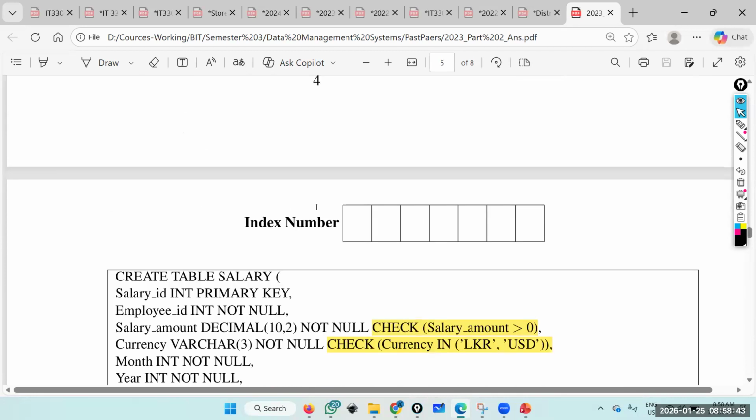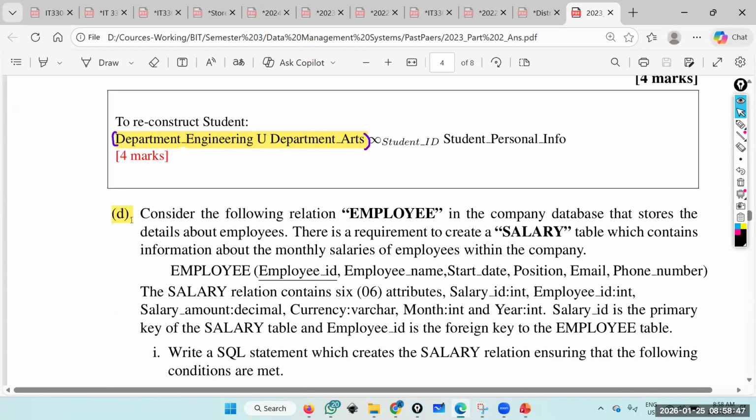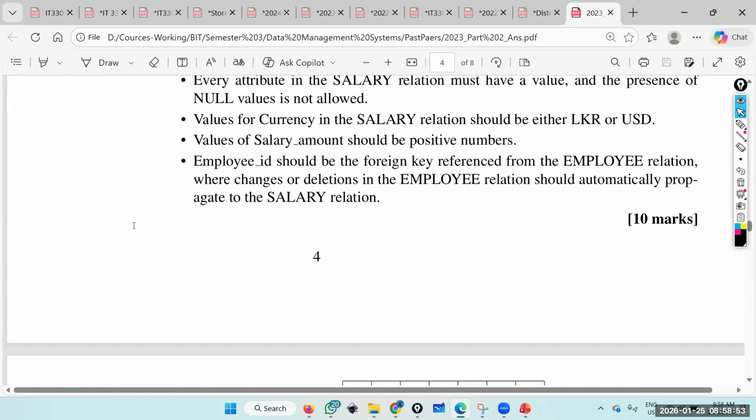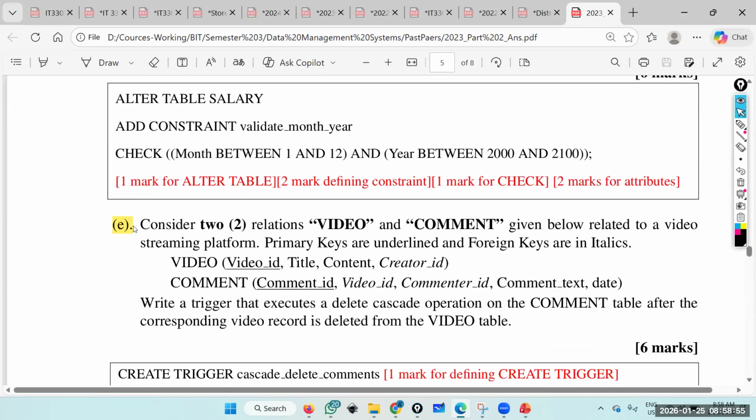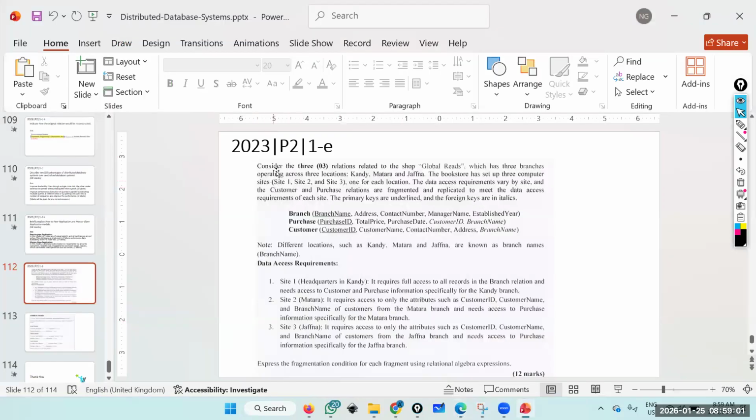But anyway, that D part we have already done. That is related to constraints, right? So now this question must not be 2023 then, right? 2022 or 2024.